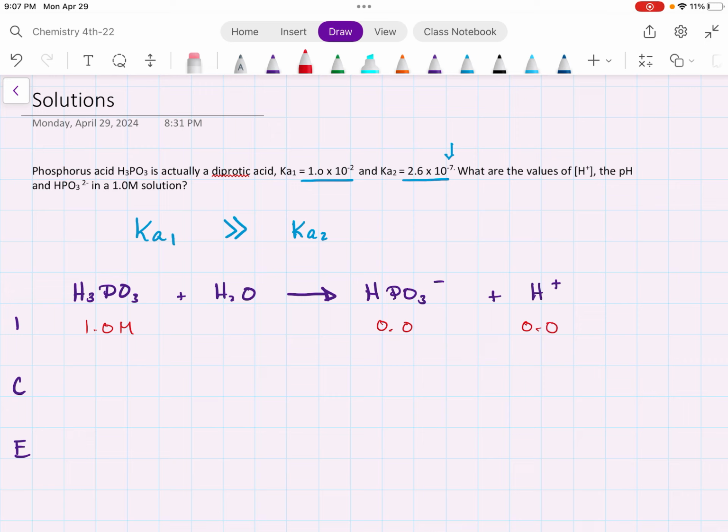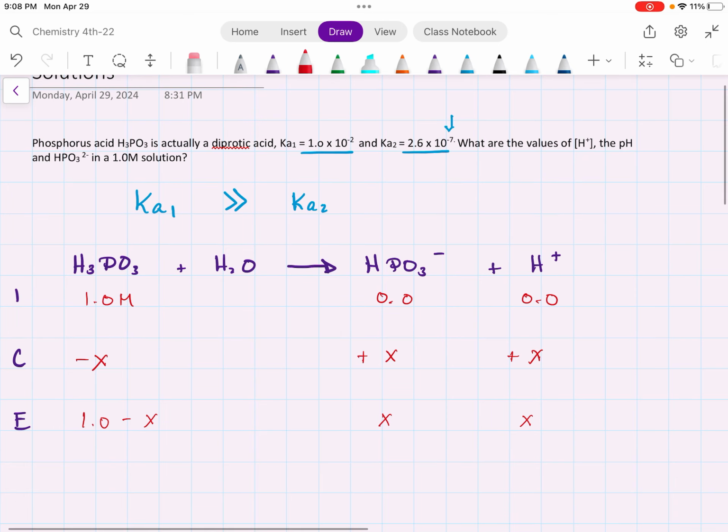This is going to change plus x, minus x. And this is going to be x, and this is going to be x. And then when you add everything up, it's going to be 1.0 minus x, and then this is going to be x and x. Now remember that these are being added.